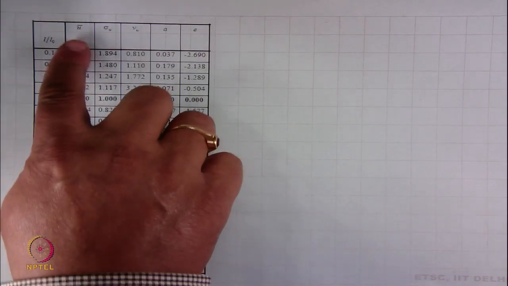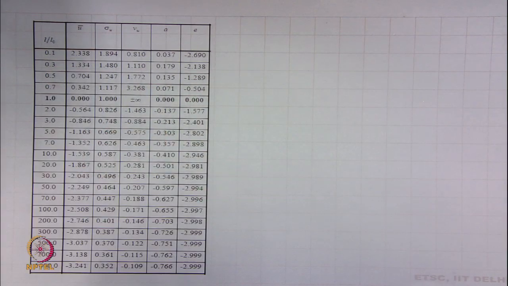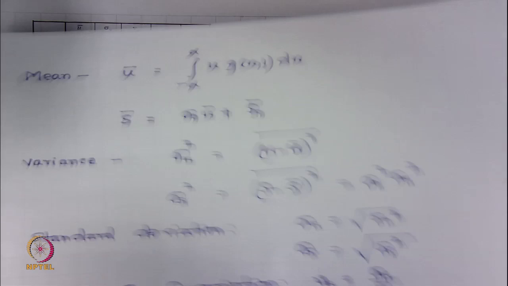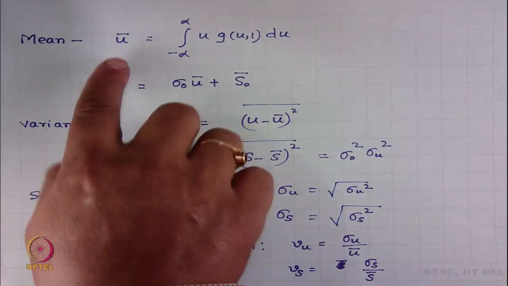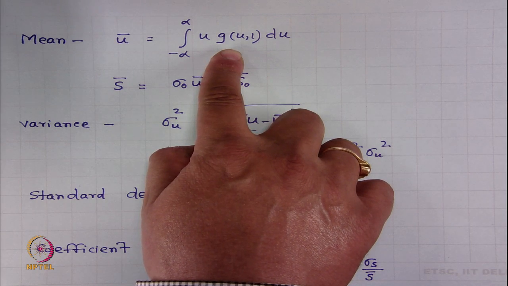For example, u bar, integration minus infinity to plus infinity u into g u l d u. So, that equation was solved to find out u bar. Right, here it is, u bar. This equation was solved for different values of L by L naught.